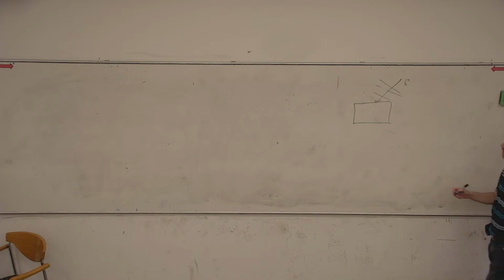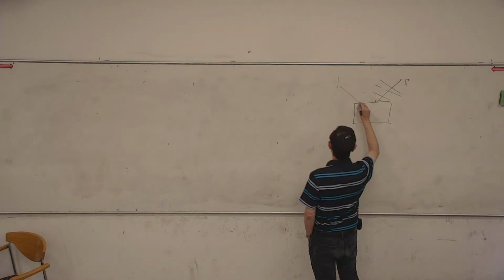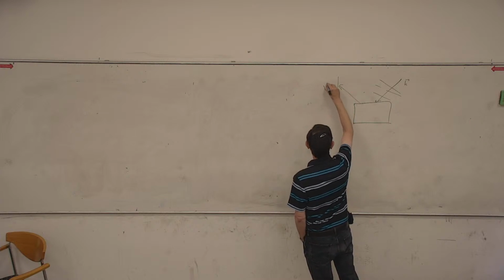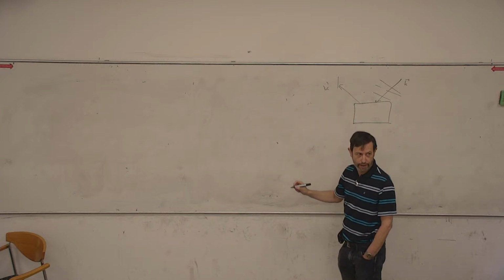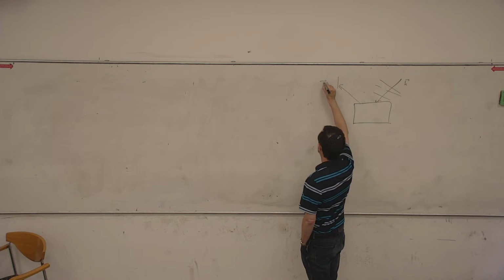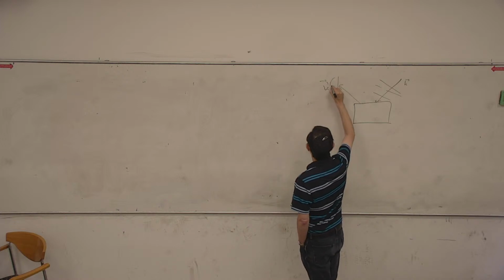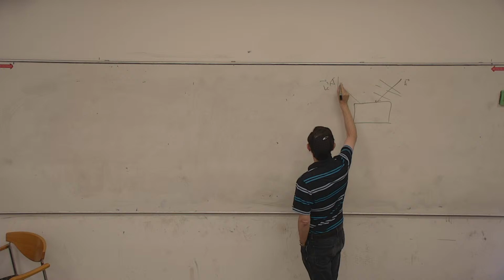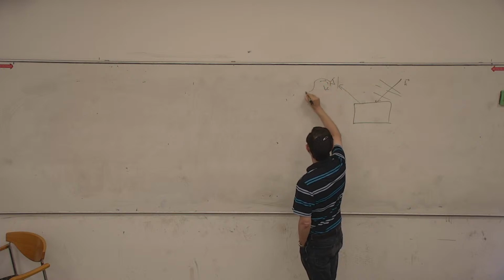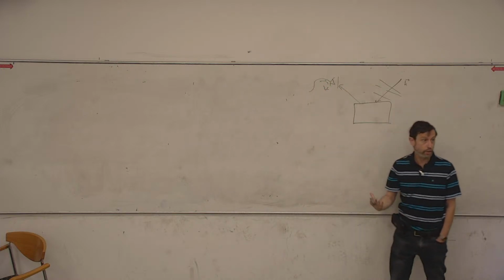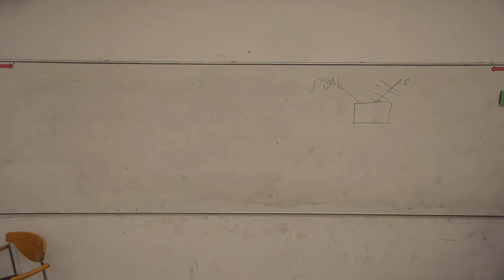I put a detector at some direction K prime and measure the intensity at that direction.